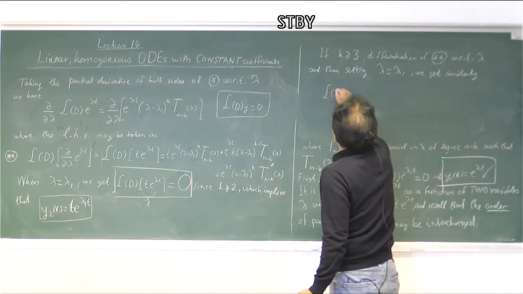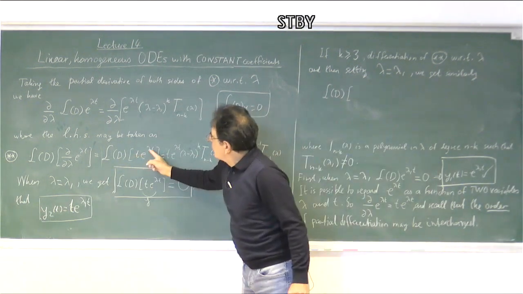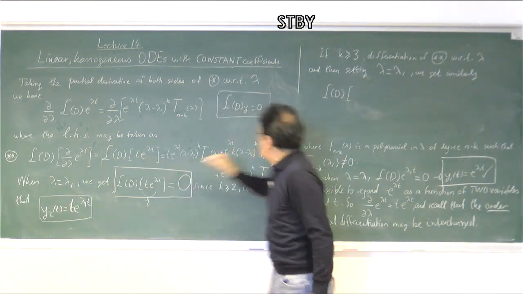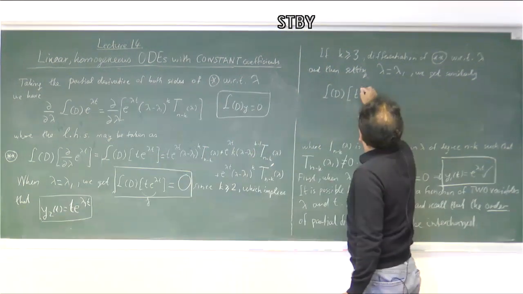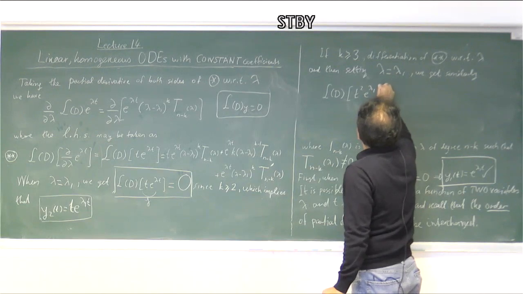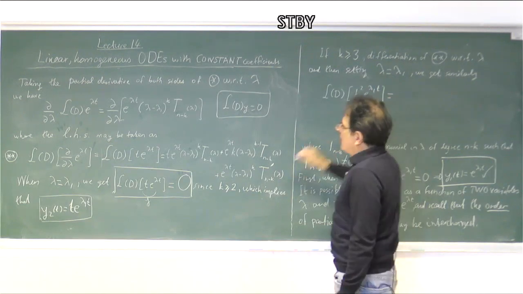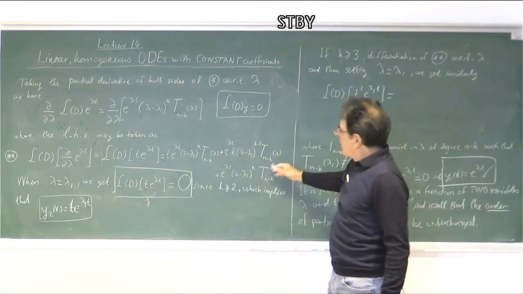L of t, taking the derivative with respect to lambda, the left-hand side becomes t squared e to power lambda t, and setting lambda to lambda 1, taking the partial derivative of the right-hand side.